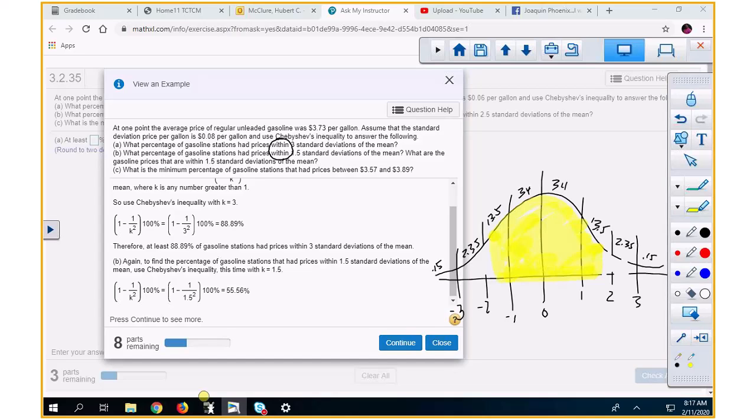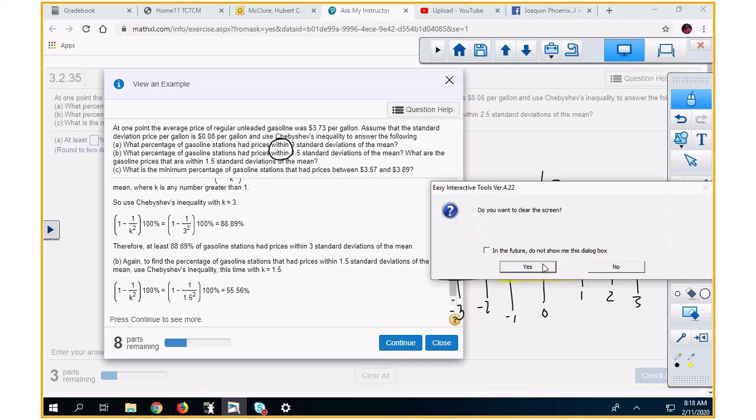All right. What is the minimum percentage of gasoline stations that had prices between $3.57 and $3.89? And that's where you're going to have to convert or set equal, just like we would.